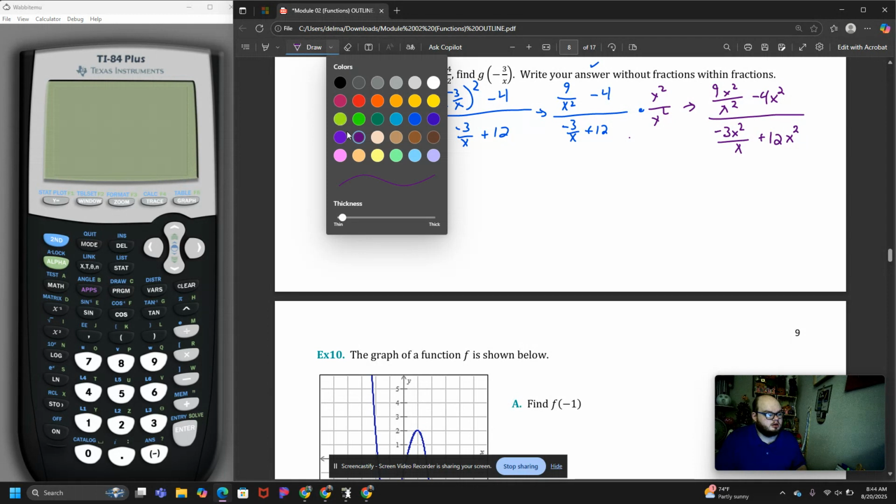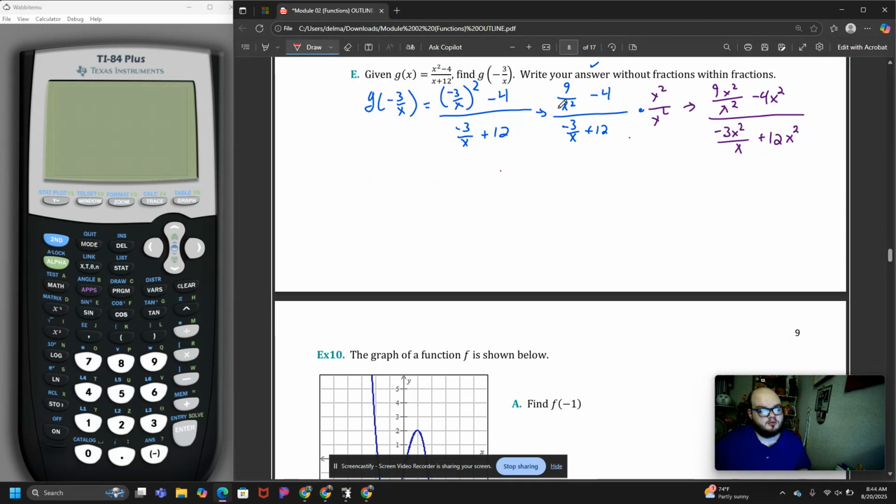Now, this is a point where, whenever you've got one on your own, you've just got to look and see what these are to figure out how to get rid of those fractions. I'm going to show you in a minute how this worked out. So this cancels this, and I'm left with 9 minus 4x squared. x squared divided by x is just what? x on top.